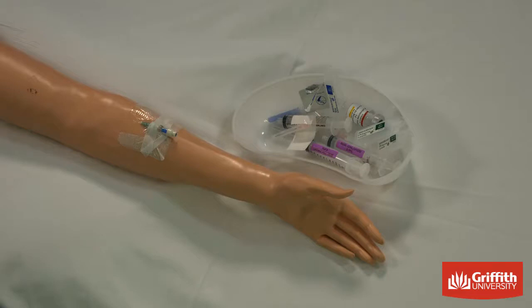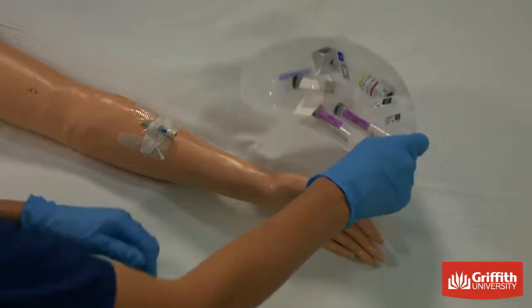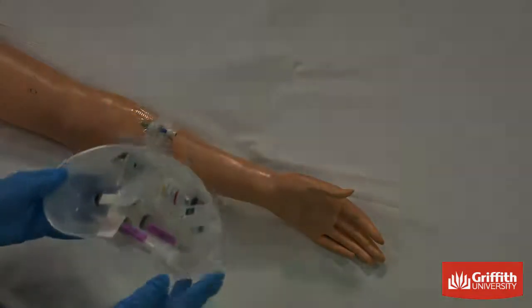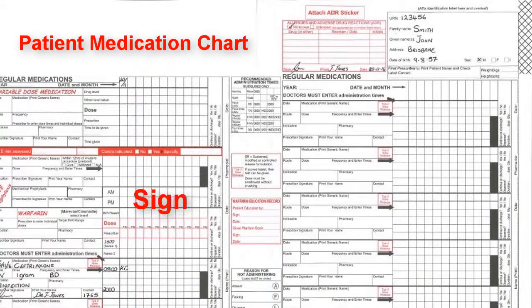Now that you've finished the flush, you need to dispose of all your equipment safely. You will then need to sign the medication chart, and it may need countersigning as per local hospital policies.